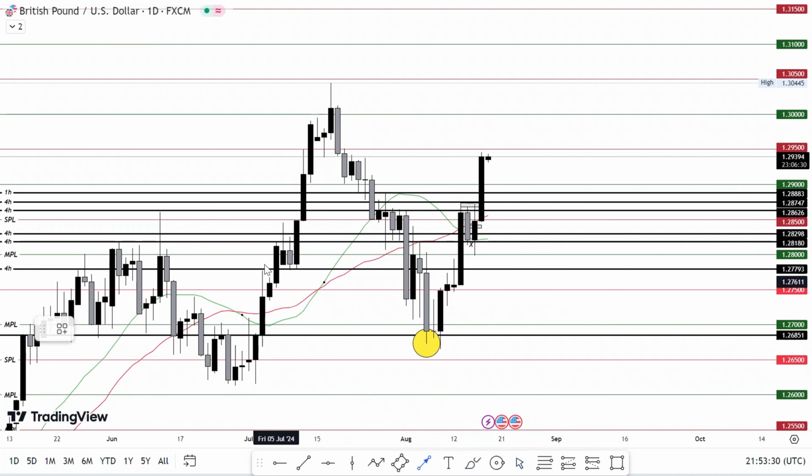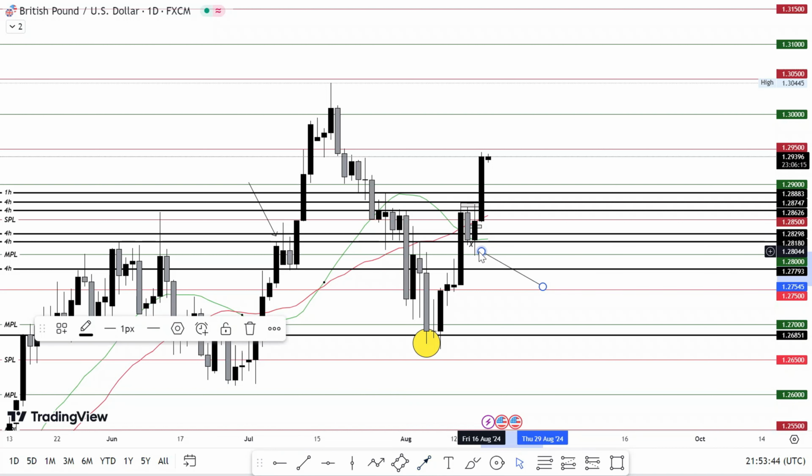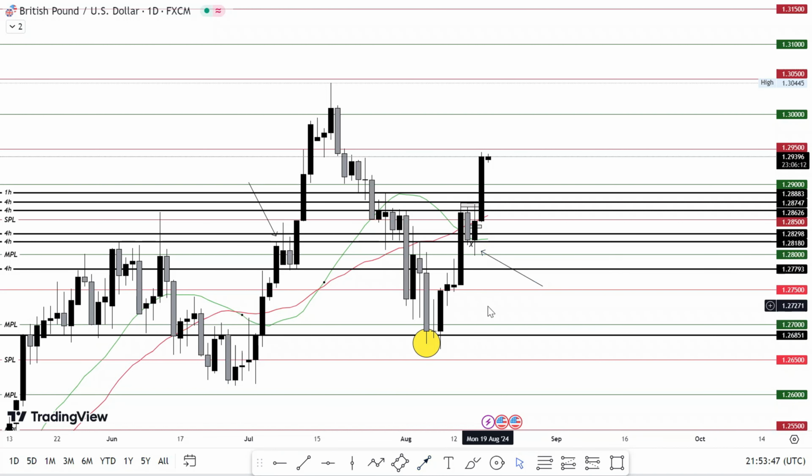Because the market acted as a resistance to this level. Now remember, this is a daily time frame. So even one candle from this time frame on the lower time frame is going to be a lot of pips. Then it acted as a support to this level.